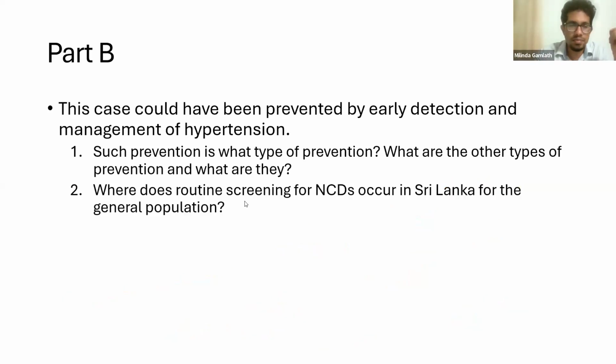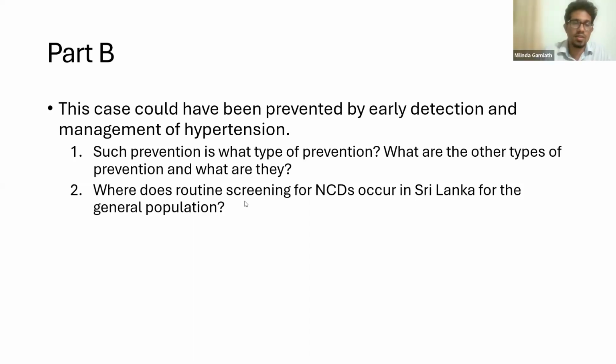Right. The next question: where does routine screening for NCDs occur in Sri Lanka for the general population? For the general population, right? Where does it happen? The hospital clinics is one place. Yes, hospital clinics. Is there a special clinic where we do NCD screening? Healthy lifestyle center.